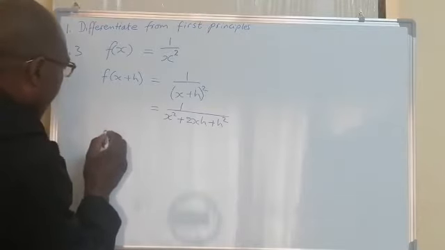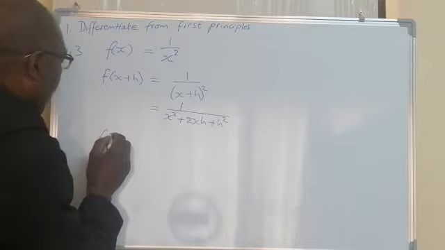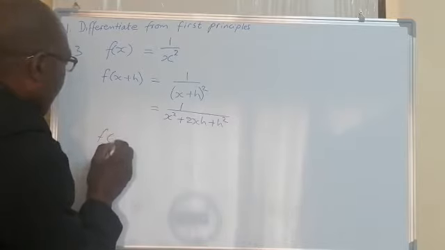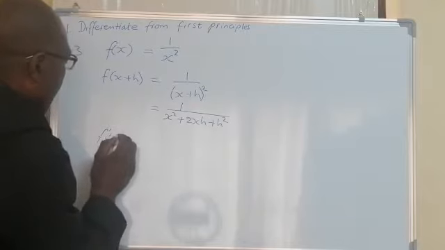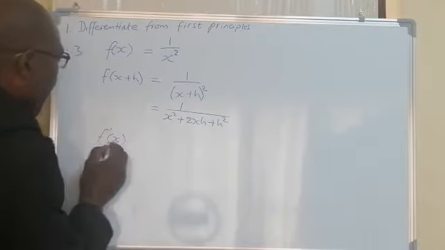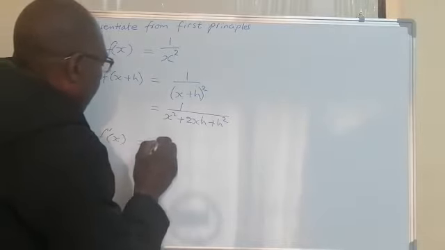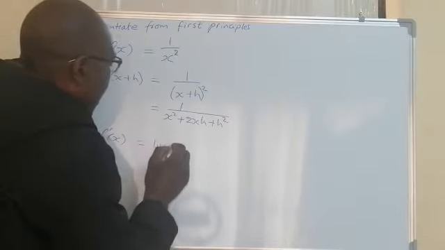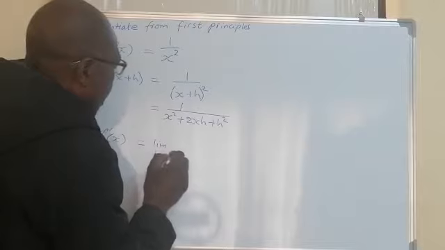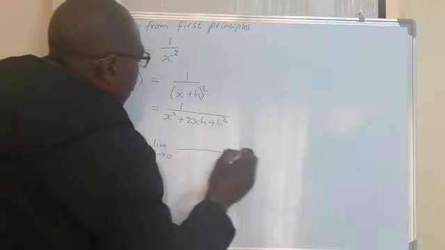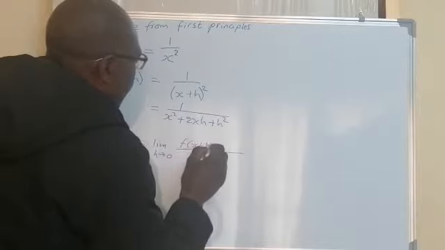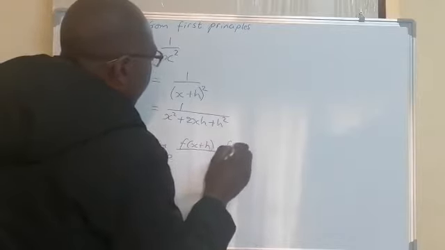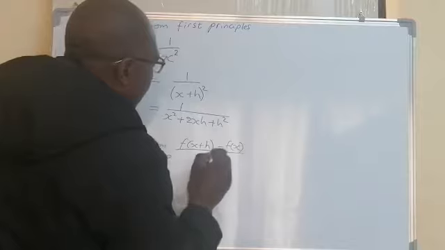Now the derivative of f of x is equal to 1 over x squared. f prime of x is equal to limit h to 0 of f of x plus h minus f of x over h.